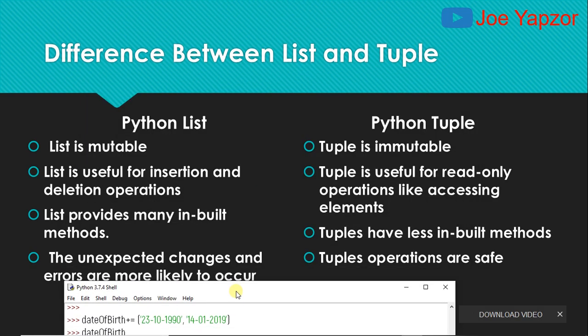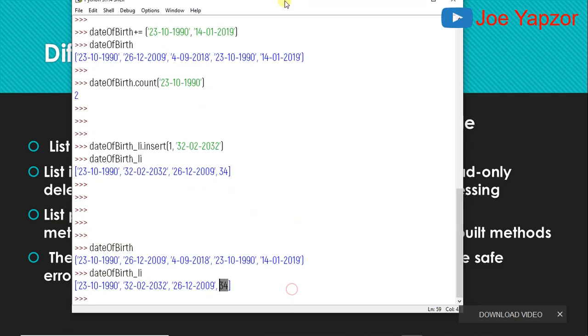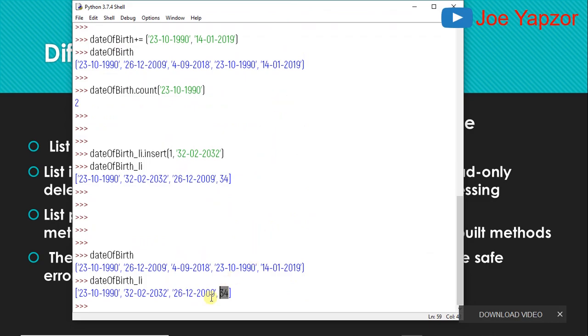There are more errors that can occur in the list, and tuple operations are safe. So with tuples, it's safe to use them. Your information is never changed. Someone will ask, at what point do you need a list and at what point do you need a tuple?